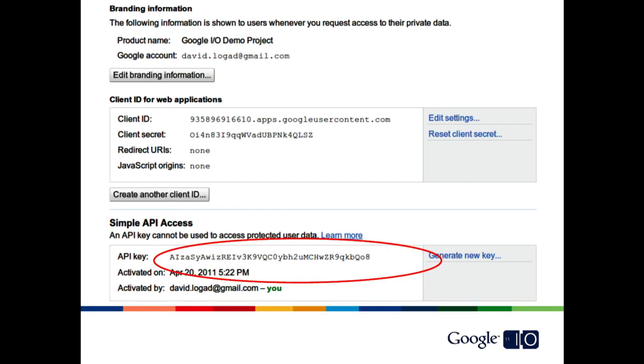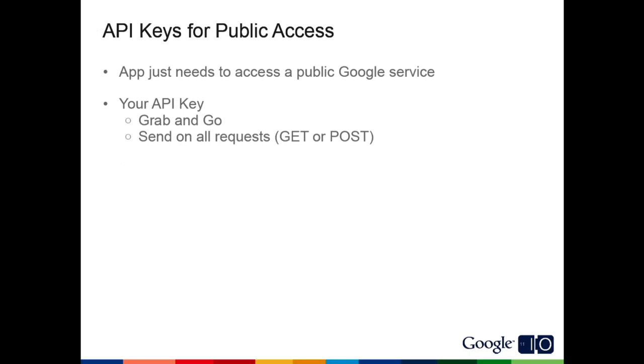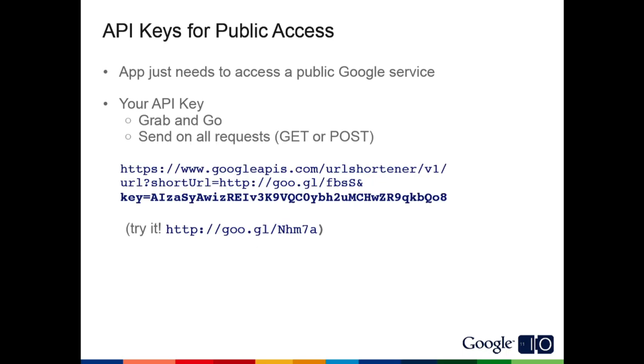Let's go to the simple API access case where it's just you wanting to access a Google service. All it needs is an API key, and it's designed to be grab and go, very simple to grab and deploy. Here's an example. Here's the URL shortener application with a key at the end of the URL.